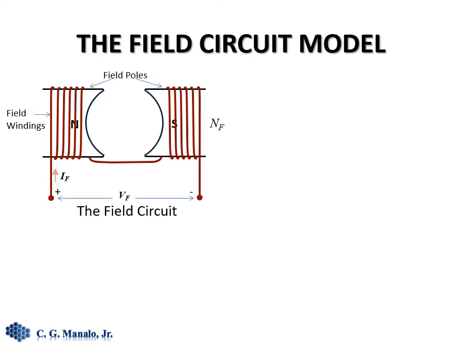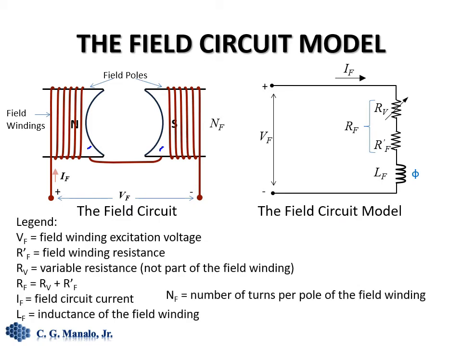For the field circuit model, we know that it is also made up of a coil that is wound around a pole made up of ferromagnetic material. So the model here is simply this one.